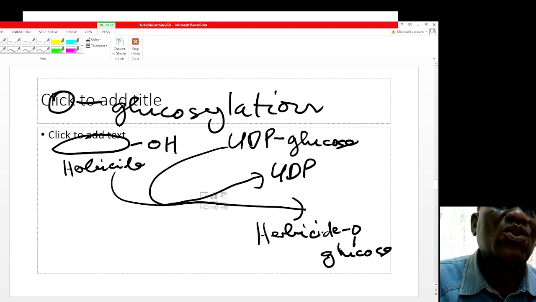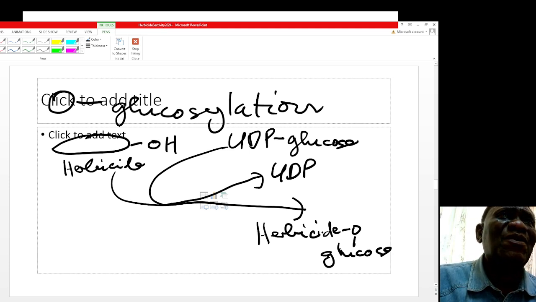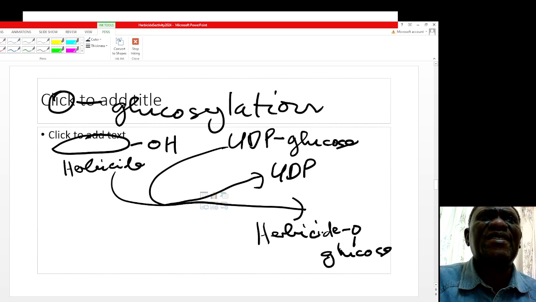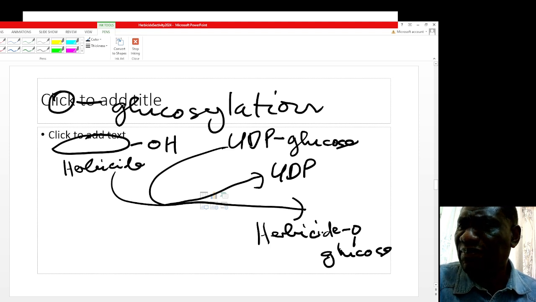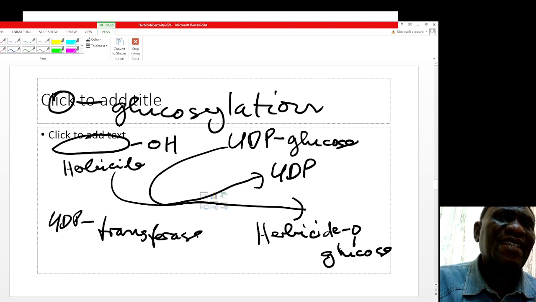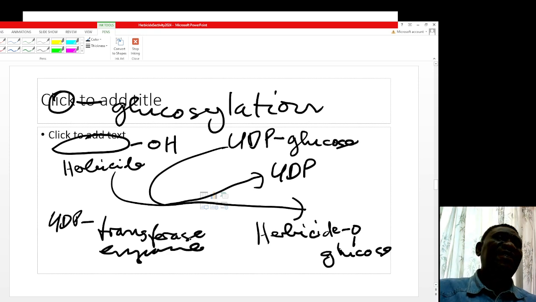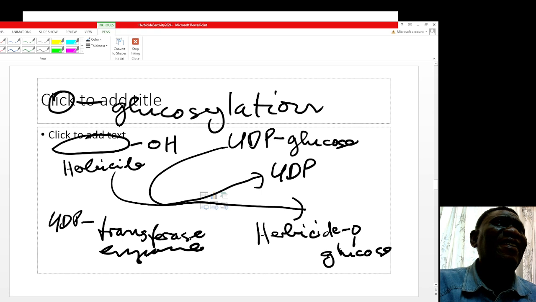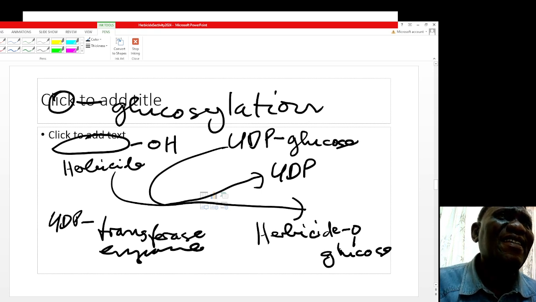And this is all glucosylation, and we need the UDP transferase enzyme for this activity. I know I had mentioned it earlier on.